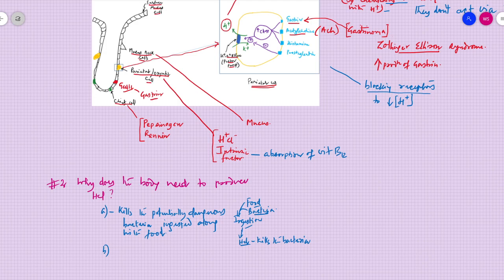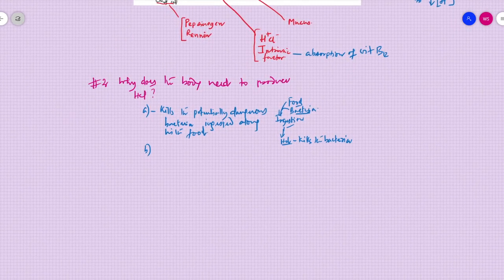So the next reason is that one of the components of food, the main components being proteins, fats, and carbohydrates. If complex proteins are consumed and masticated in the mouth, then when they come into contact with the HCl, there is a hydrolysis.